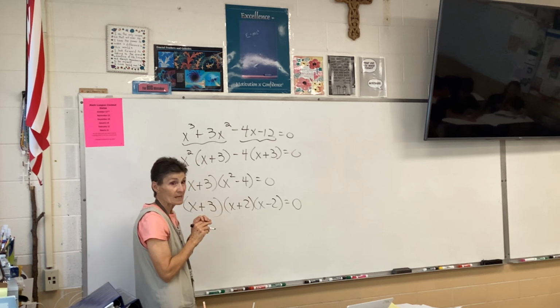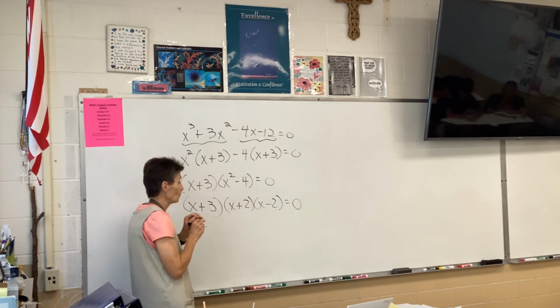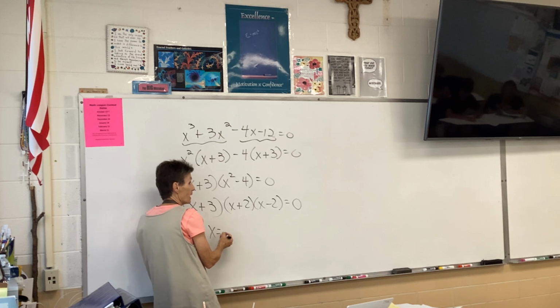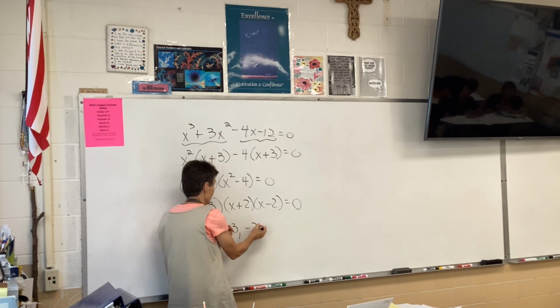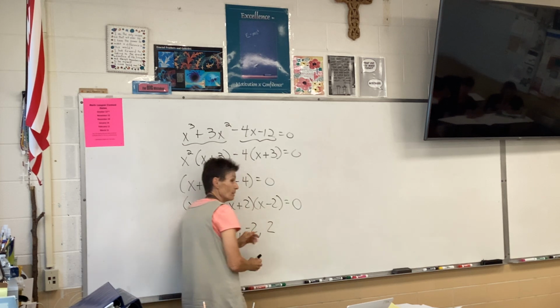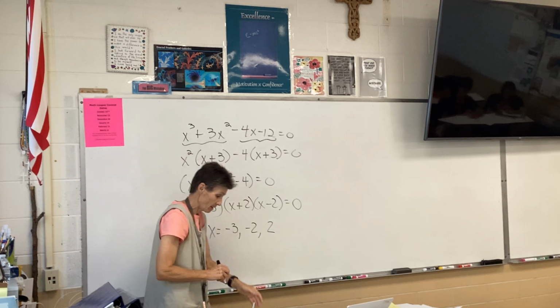And then we have our answer, which is x equals, no number line, just x equals what? Negative 3, negative 2, positive 2, in any order. The order of those doesn't make a difference.